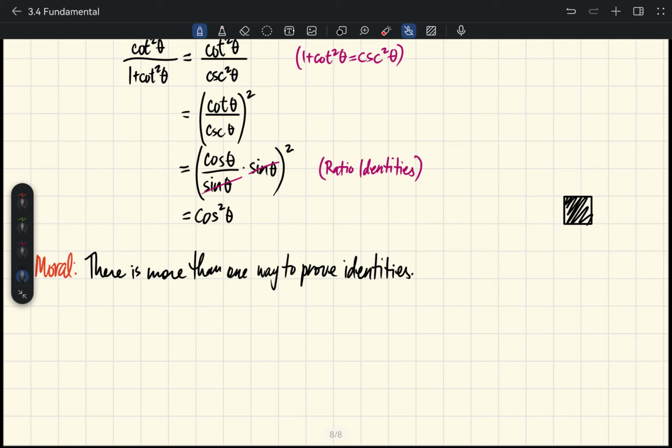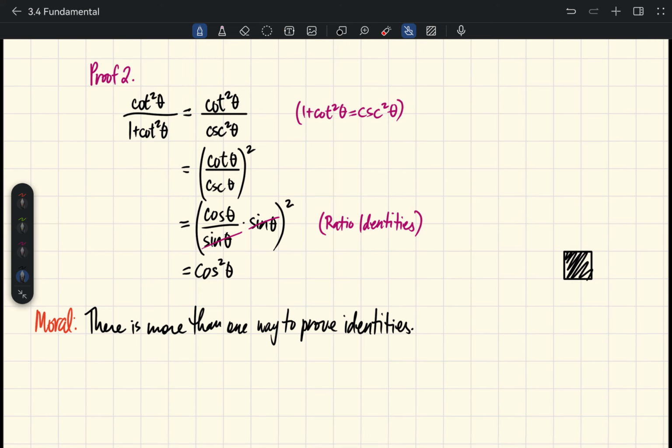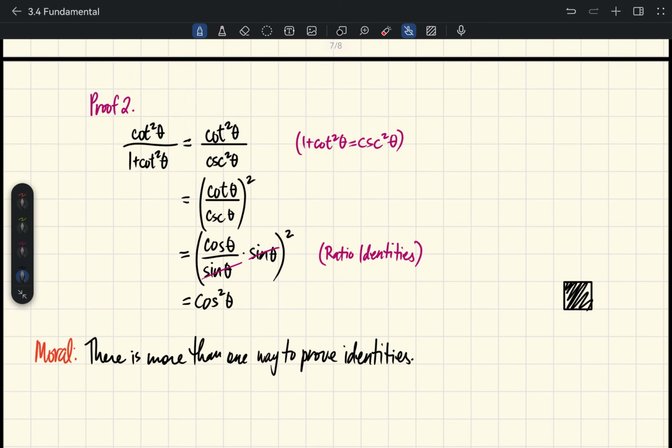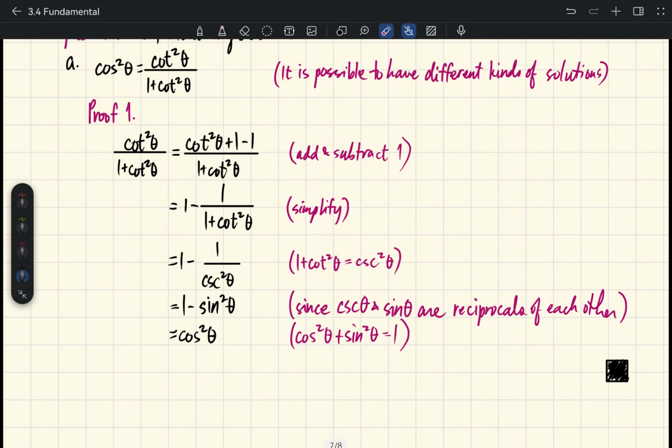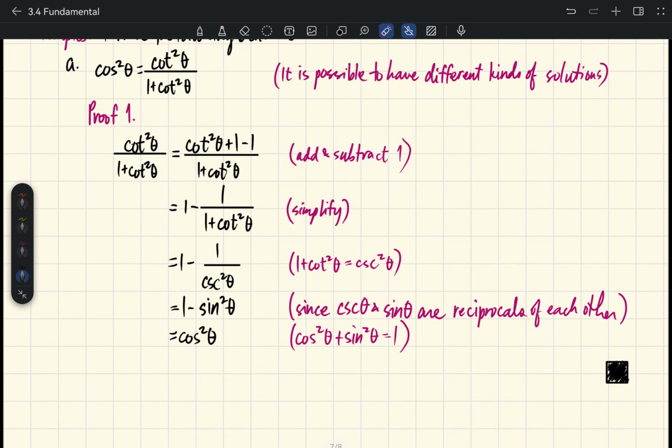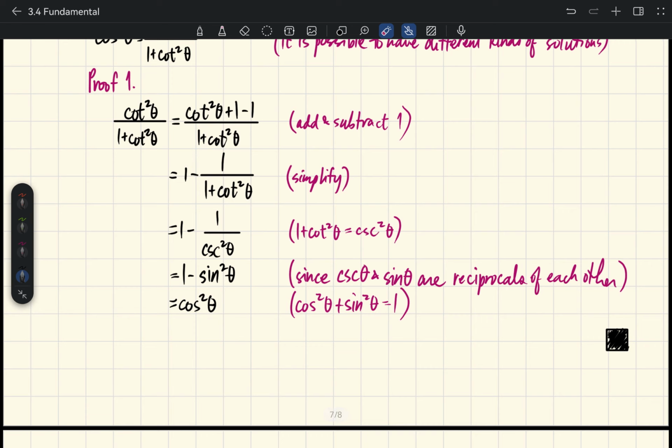Now, it is up to you to determine if what you're doing is making your life easier or harder. So, for example, here, we have seen that using the Pythagorean identity already makes your life easier, so you can continue with that. But for this one, adding and subtracting 1 would lead to a slightly longer but not too bad proof.